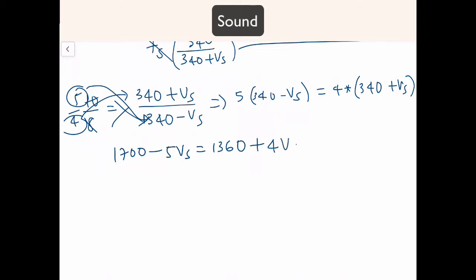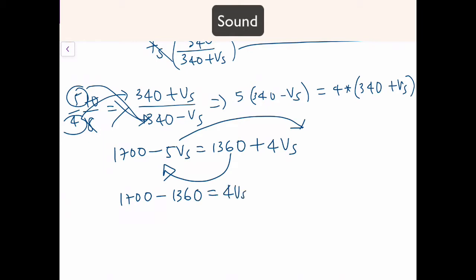plus 4 vs. Okay, so I'm going to take this 5 vs to the other side of the equation, and I'm going to take that number to this side. So I'll have 1700 minus 1360 equals 4 vs plus 5 vs. So 1700 minus 1360 will be 340 equals 9 vs. 4 apples plus 5 apples will give you 9 apples, right?